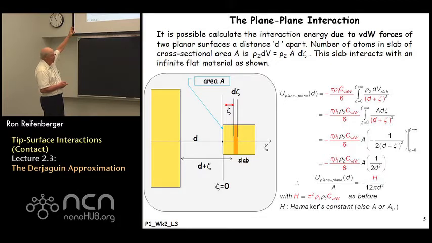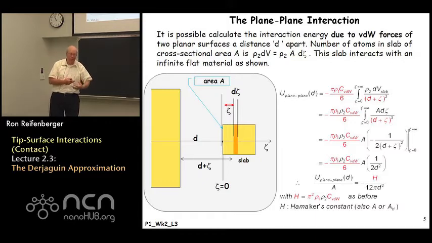The area exposed to the large flat plane is referred to as A. And in this particular calculation, that parameter A is going to be used to normalize the interaction potential energy. So we're going to calculate the interaction potential energy between two planes divided by that surface area A, and the result is derived by using the result from the previous slide.